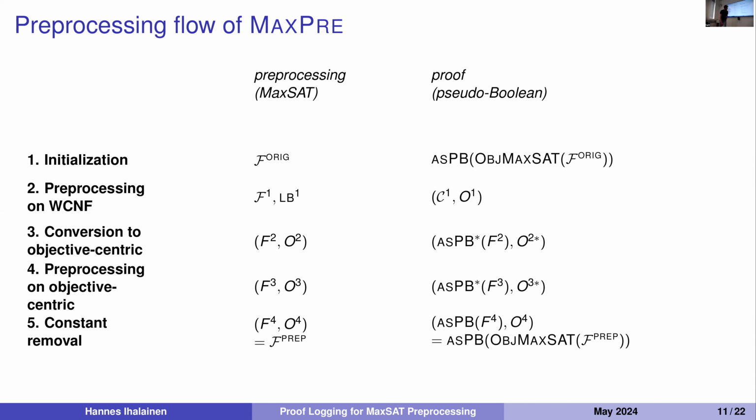And that is true until the last point, when we remove the constant from the objective function, because we are producing a WCNF output file which can't have any constant. And after we remove that and rename the variables, we again get that our preprocessed instance, the WCNF, corresponds exactly to the core constraints that the proof has.